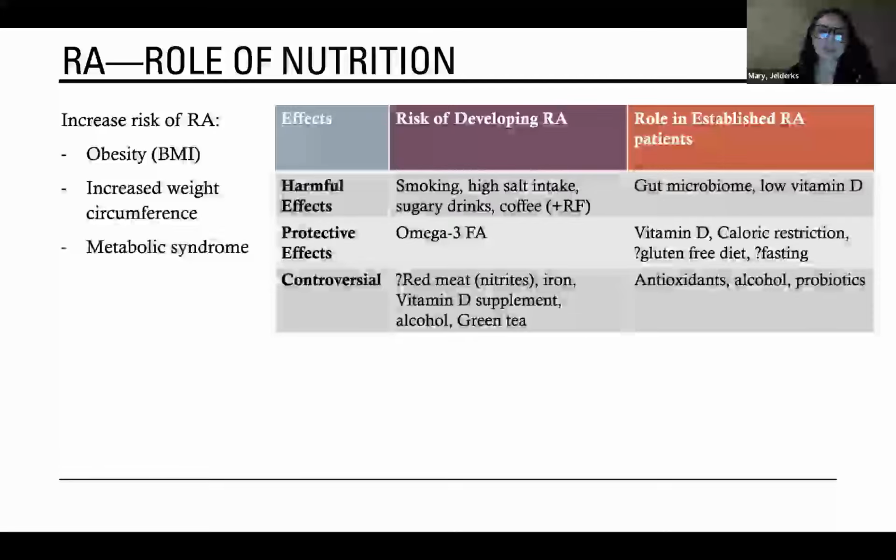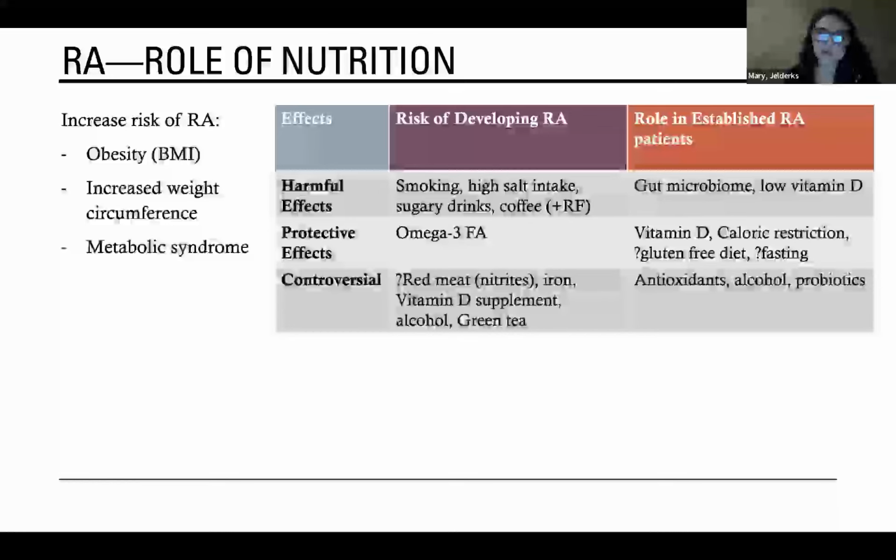Going just beneath that, protective effects. We do know that omega-3 fatty acids are very anti-inflammatory and provide anti-inflammatory benefits. These are found in fatty fishes and healthy sources like the Mediterranean diet, supporting antioxidant effects, which in turn are protective in developing RA.